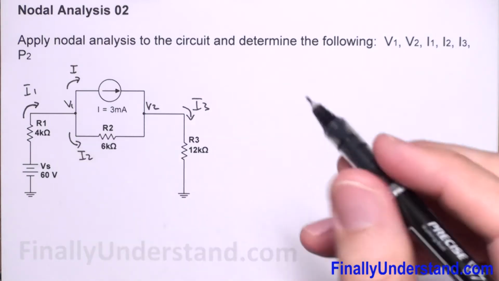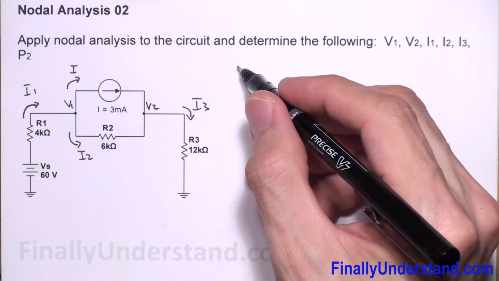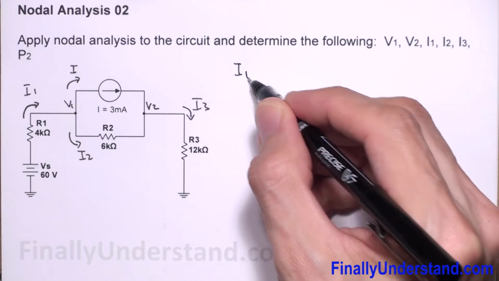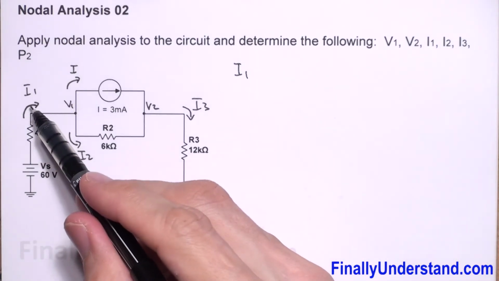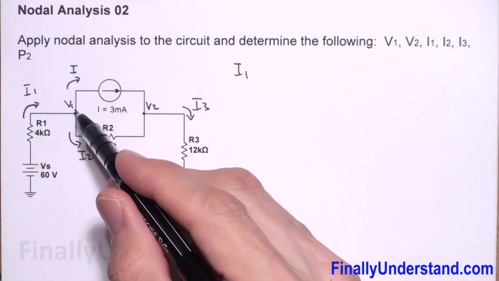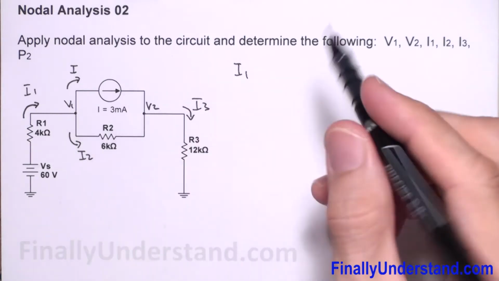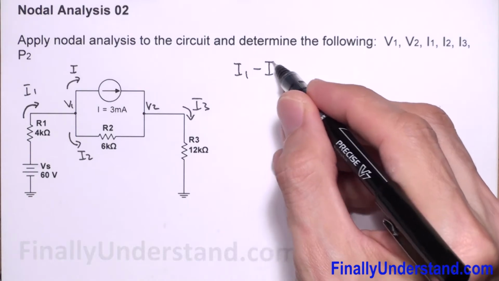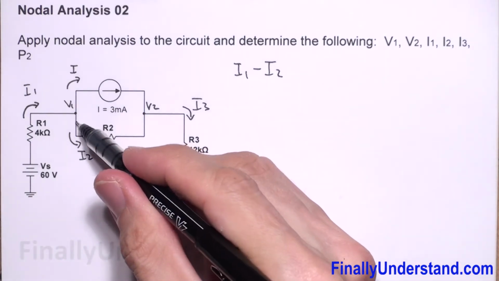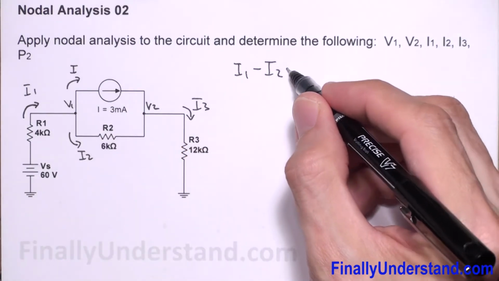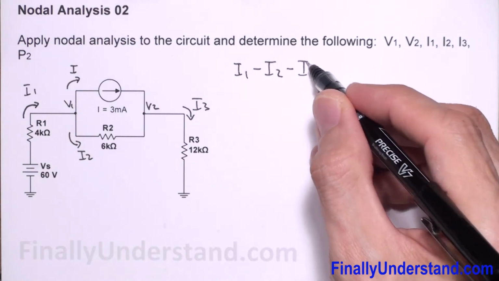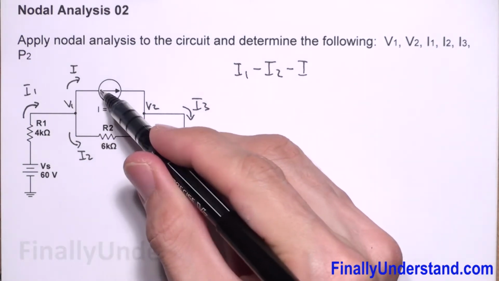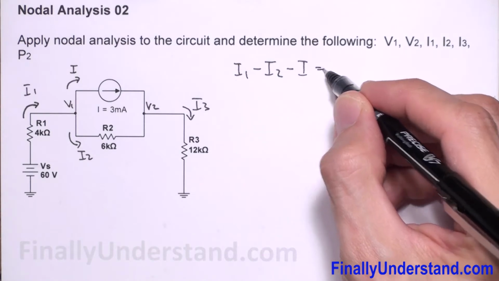Next, I'm going to write the KCL for my currents. So I have I1, and I1 is positive because it's going to the node V1, minus I2 because I2 is leaving this node, and minus I because I is also leaving the node, and this is equal to 0.